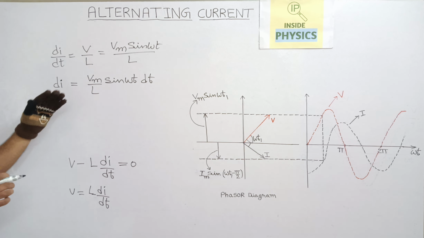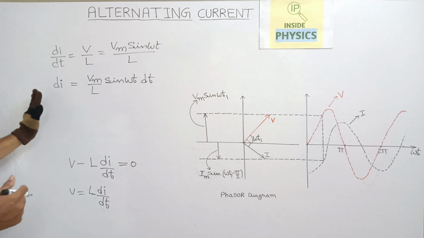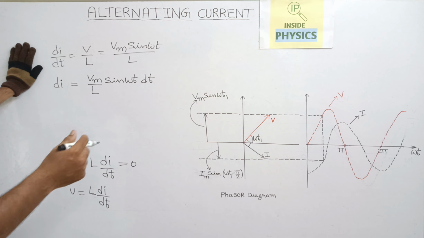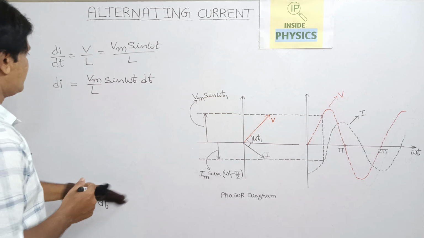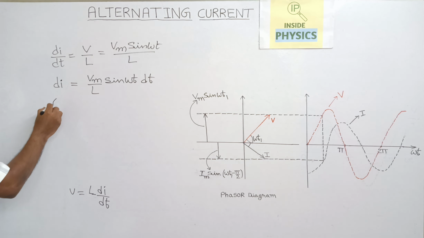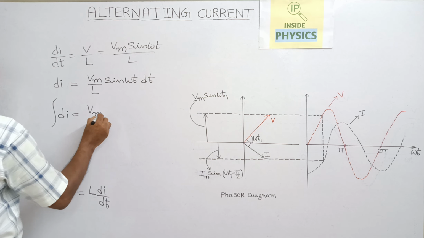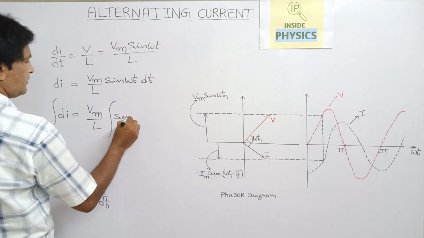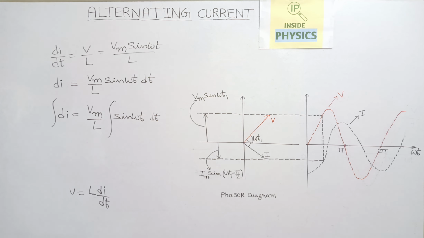Integrating on both sides, because this is an instantaneous current and we have to calculate the current over a full cycle, between the limits 0 to t, this becomes Vm by L sin omega t dt.